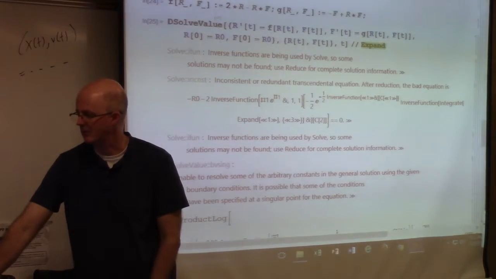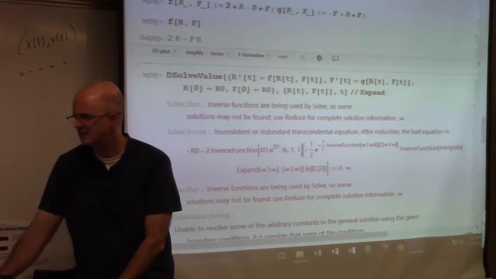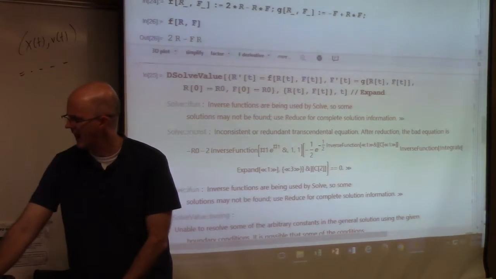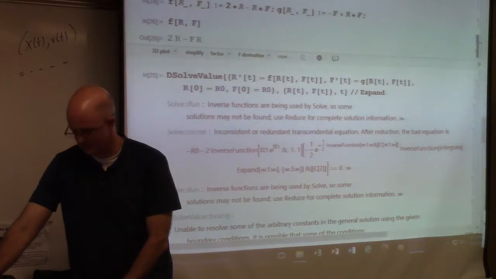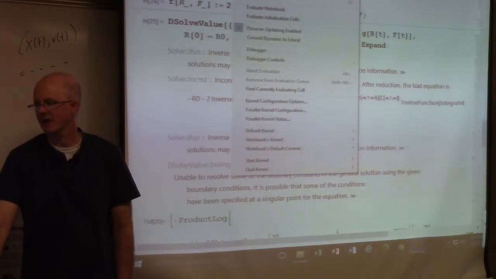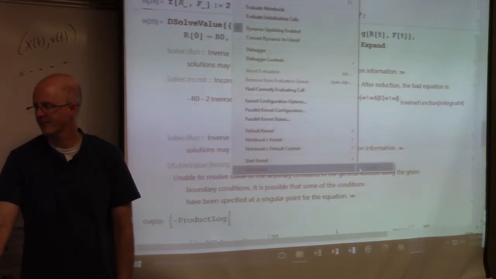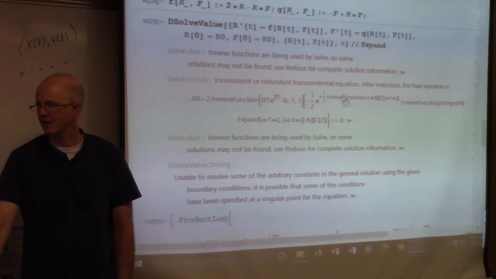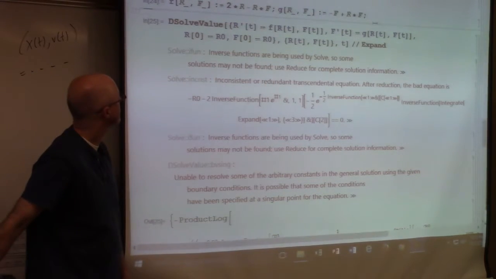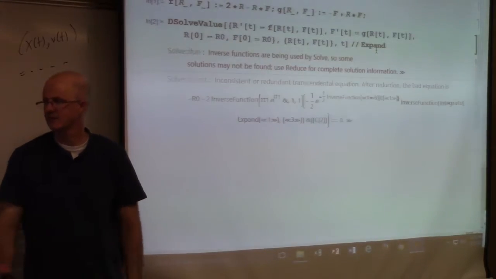That might be the problem. Okay. This TT, I'm not sure what the problem is. Let me quit the kernel. Evaluation, quit kernel to clear the memory completely. Re-enter this first line. Now re-enter this one.